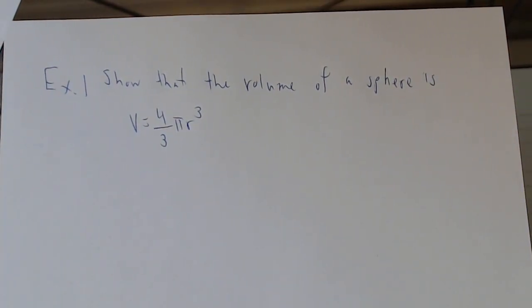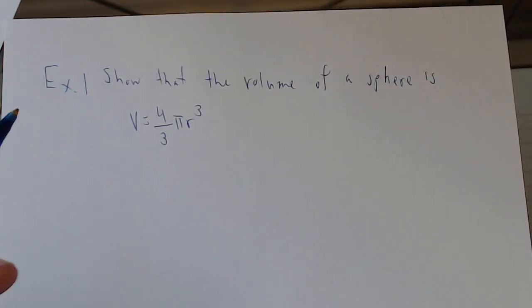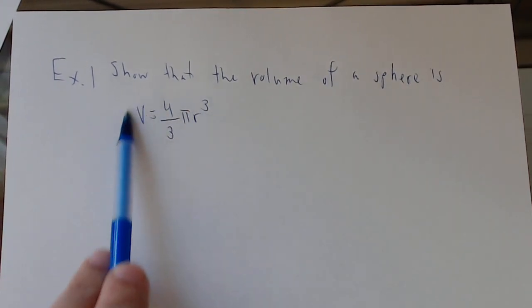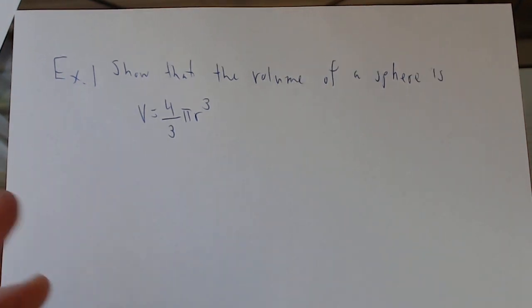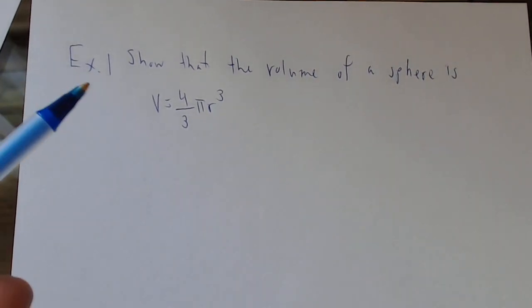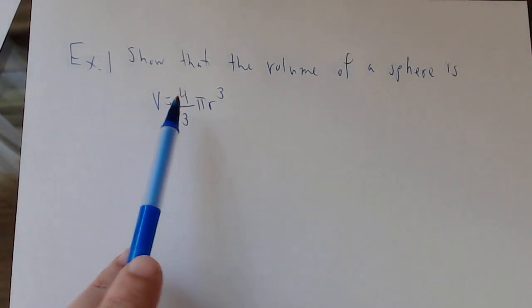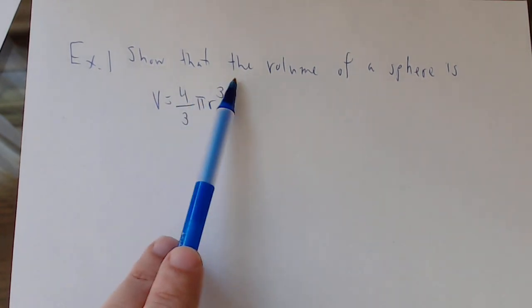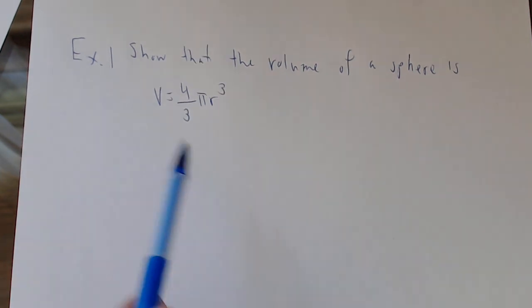Of course, we're assuming that the sphere has a radius of r. If you remember in geometry, you're kind of forced to memorize this volume. And once again, you guys know I'm not a big fan of memorizing things. So we'll actually be able to find the volume of the sphere without memorizing the formula. We could actually derive it using calculus.